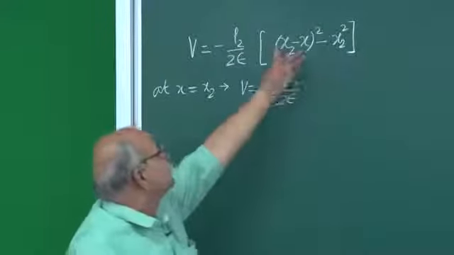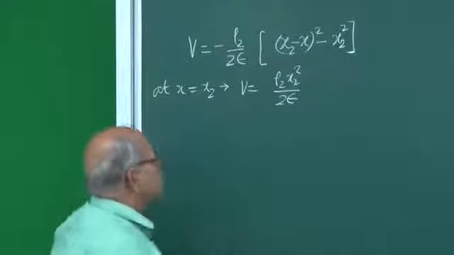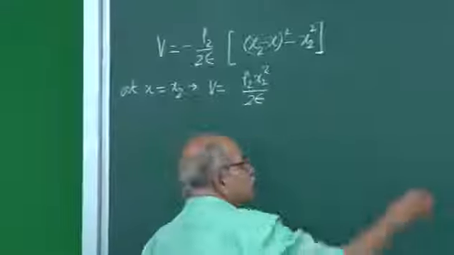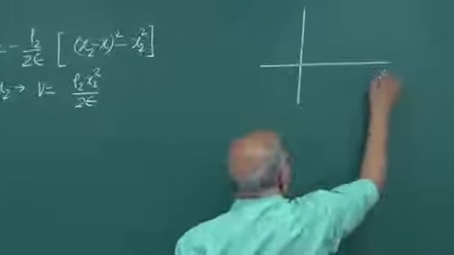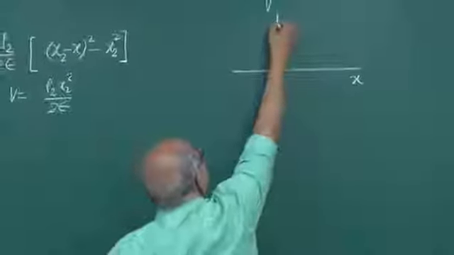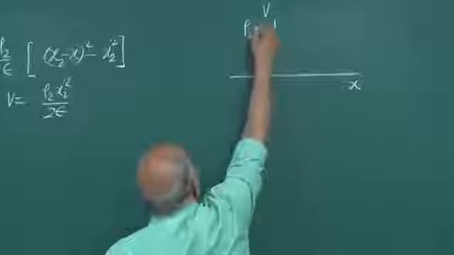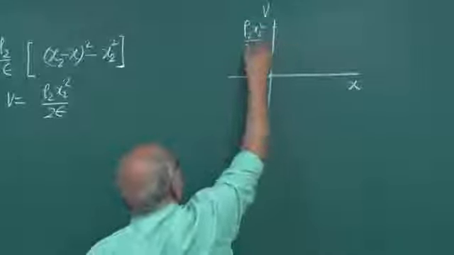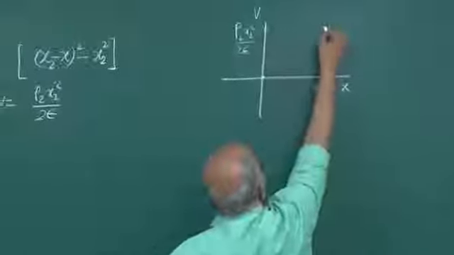This is 0 here, and then rho 2 x2 square by 2 epsilon. So if you draw x in this direction, V in this direction, it's 0 here, and then this is say rho 2 x2 square over 2 epsilon, and at x equal to x2 it must be this much, so it's here.